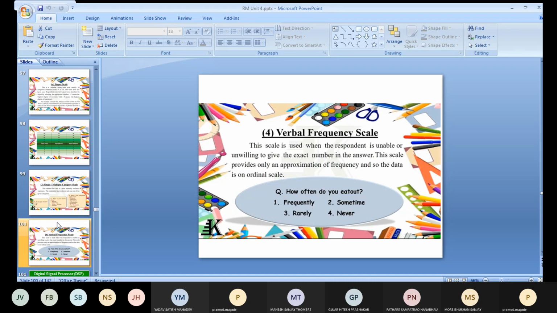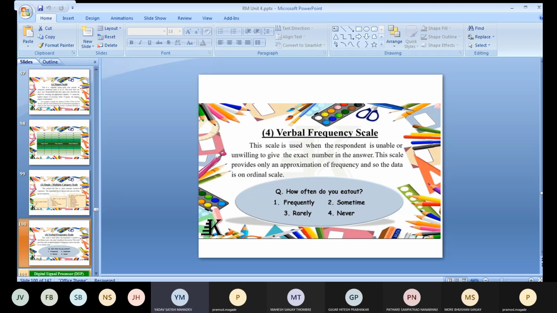Anyone can tell me an example related to the verbal frequency scale in our day-to-day life. मूवी वॉचिंग पण होईल सर त्याच्यामध्ये.